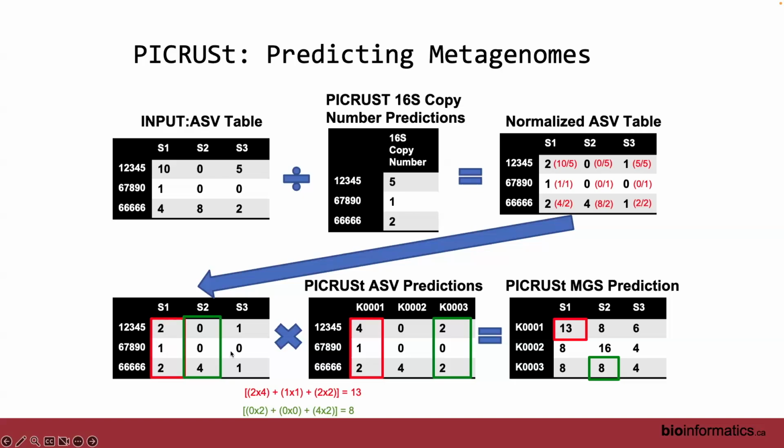And so it's 2 times 4 plus 1 plus 1 plus 2 times 2 equals 13. So now that's great. So now we have a table, and we could do, in theory, things with that and interrogate it like we would say a metagenomic functional table. That clear pretty much? Not too bad.